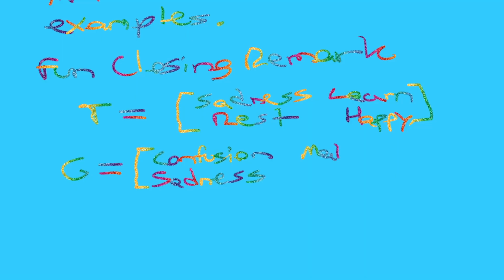And then let's define another permutation, G, and let it be confusion, sadness, math lecture, and learn.